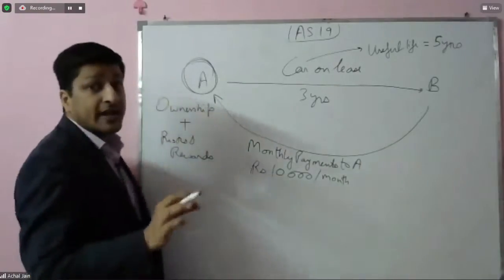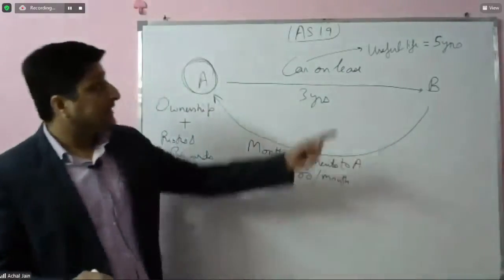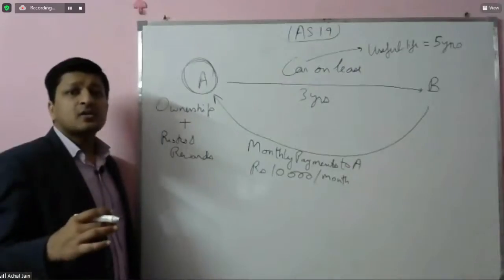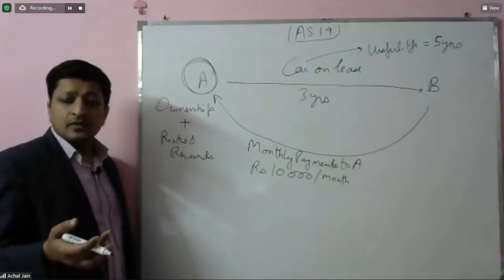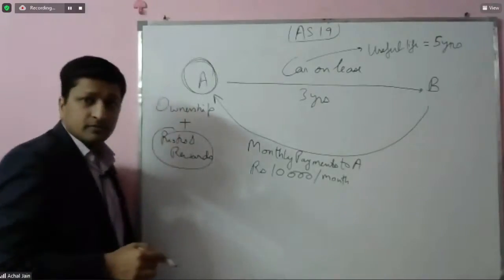He has not transferred the risks and rewards attached to the car to B. That's why we are calling it an operating lease. This assessment of life was only to check whether this is getting transferred or not.